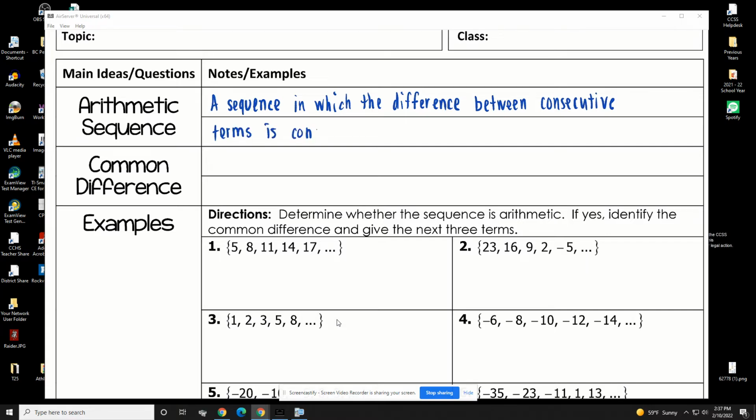What that means is a particular sequence is making the same change from one term to the next. If it's adding the same number or subtracting the same number, then it will definitely be considered an arithmetic sequence.